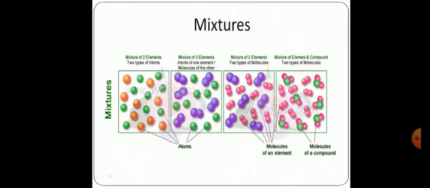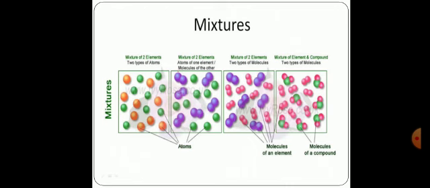In the second, a mixture of atoms of one element and also molecules, means elements and molecules. In the third block, a mixture of two types of molecules. And in the fourth, a mixture of element and compound.